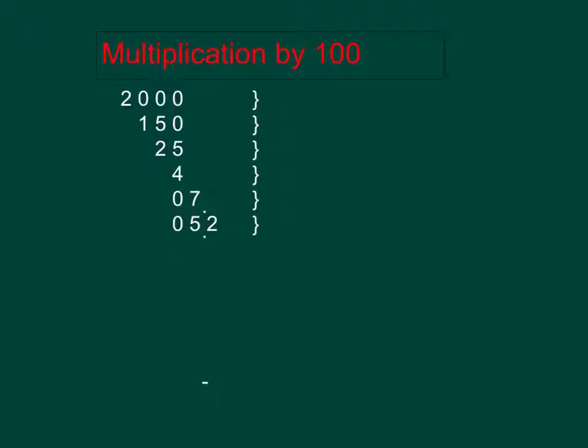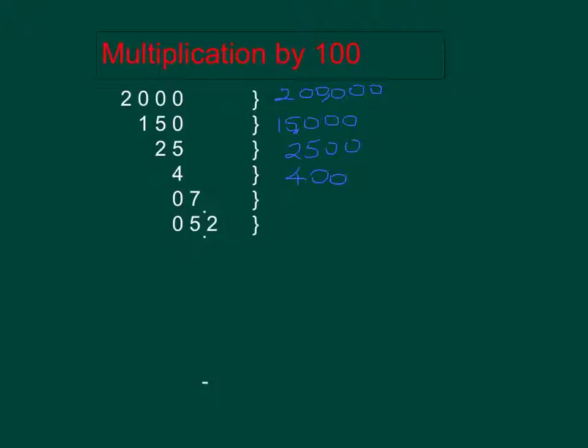The answer to this question is, there's my 2,000 that I started with, and I add two more zeros. So I'm left with 200,000. 150 plus two more zeros gives me 15,000. 25 with two more zeros. 4 with two more zeros.